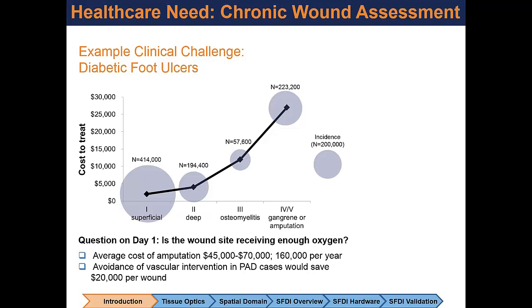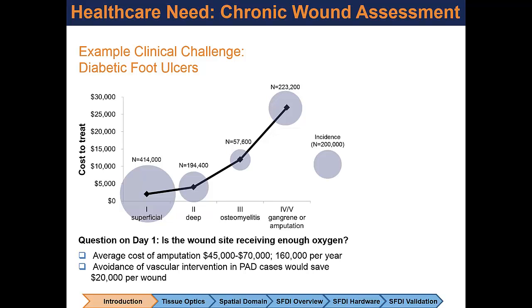The problem is, you get a stub on your foot, you can't feel it because you have neuropathy in your feet. And so a wound progresses to the stage where by the time you see a doctor, it's really too late. The question that doctors have on day one when they see patients, or before they see patients, would be: is the wound site receiving oxygen? Is there perfusion? Is it healing? And they're unable to do that right now.